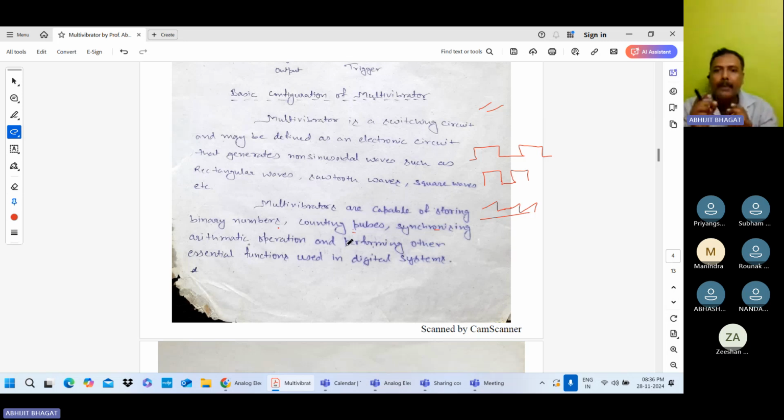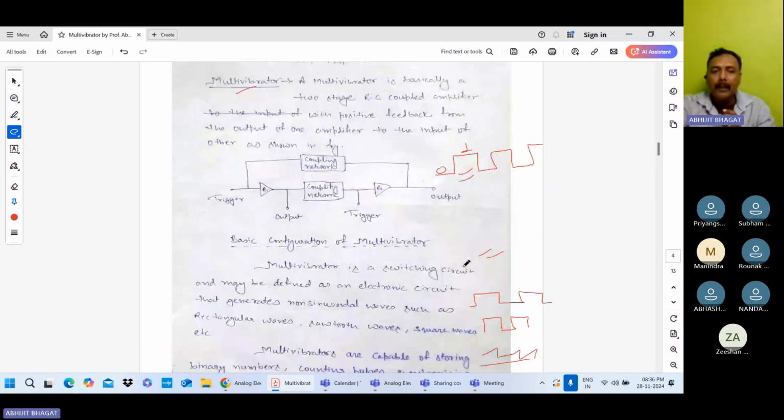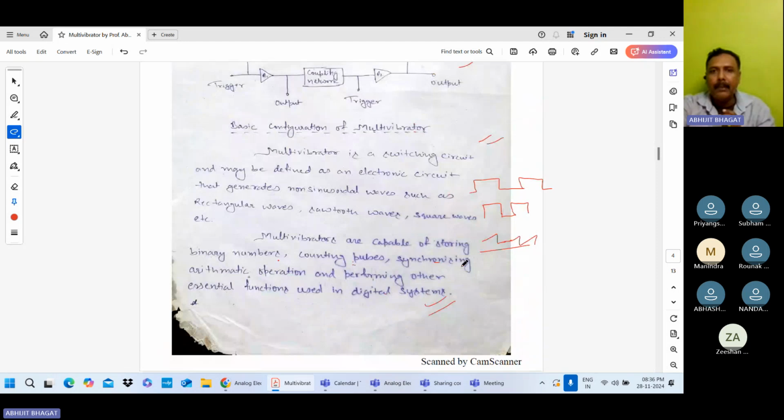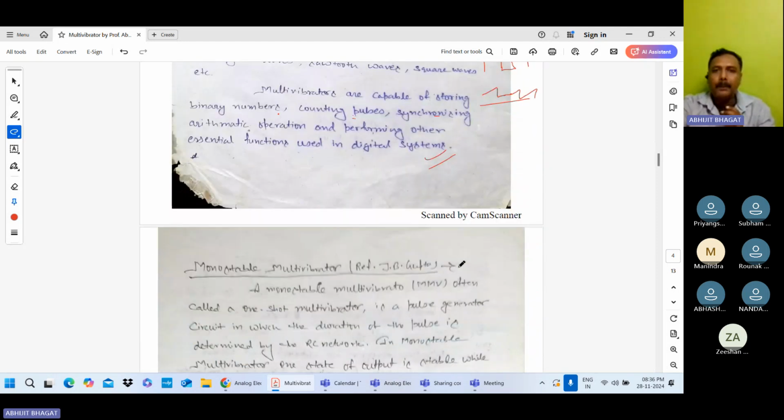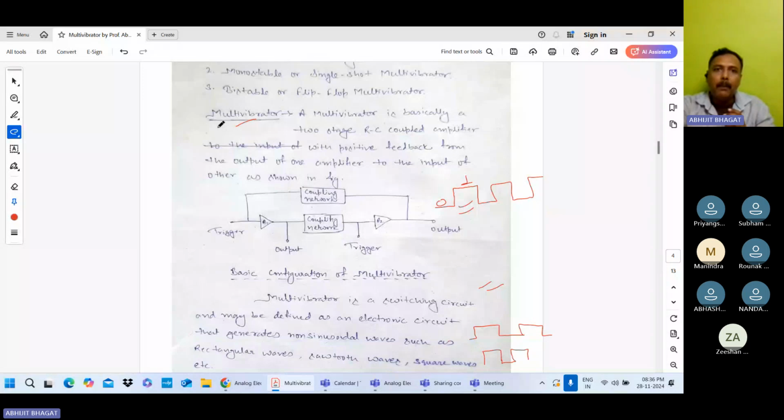Synchronizing means suppose after addition, then subtraction, then multiplication, like this. So this type of synchronization, the multivibrator will be capable of doing, and performing other essential functions used in digital systems. So in digital electronics or analog electronics, this 555 timer IC or multivibrator is a very important component.